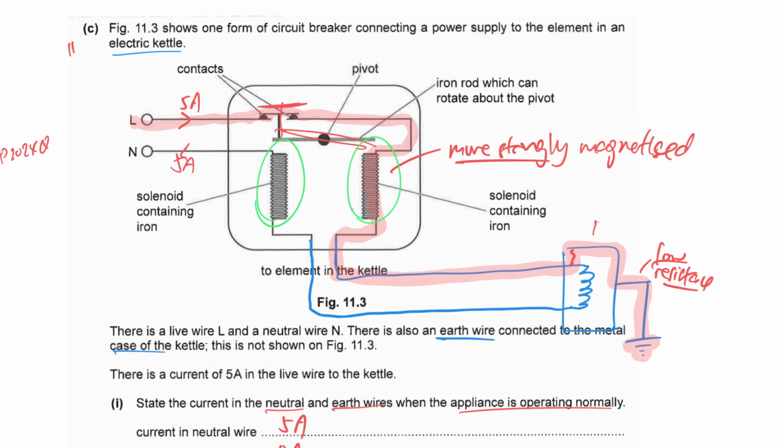I hope you understand that the left hand side should have a slightly higher number of turns, because when the 5 ampere flows through within the limit, this side has to be slightly stronger in its magnetic field strength, so as to make sure that the iron rod is being pulled down so that the contact will always remain closed when the current is within the limit. All right. So if they ask, I hope you will know how to answer.